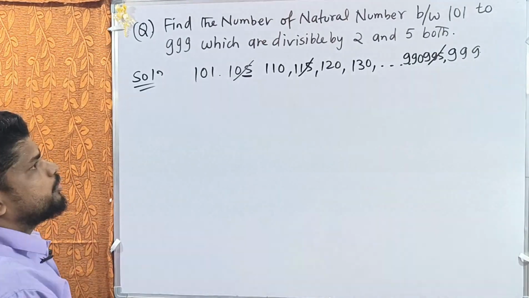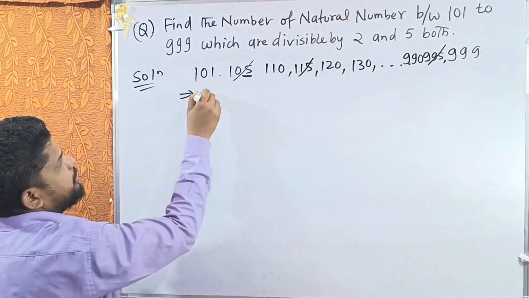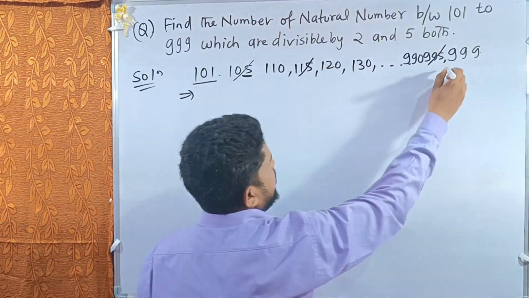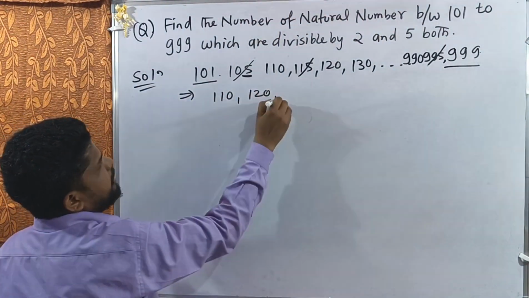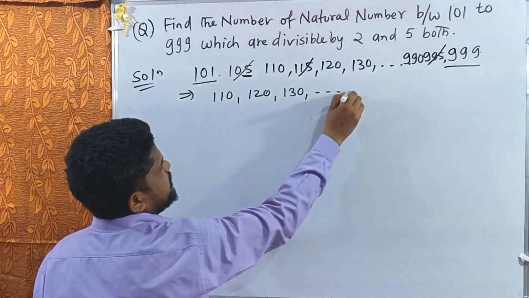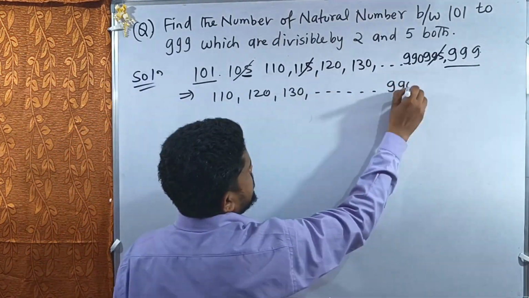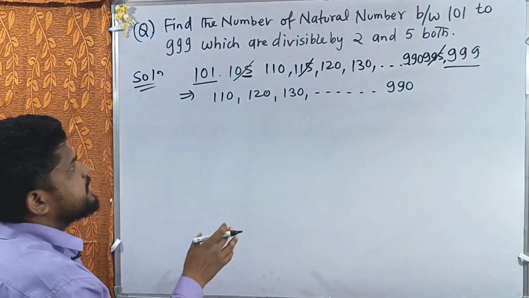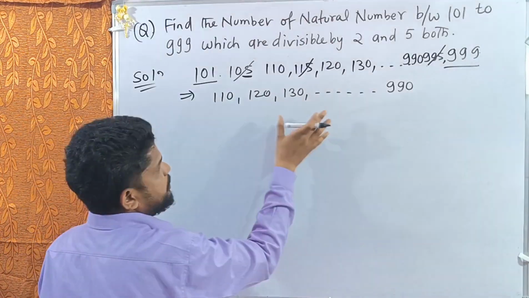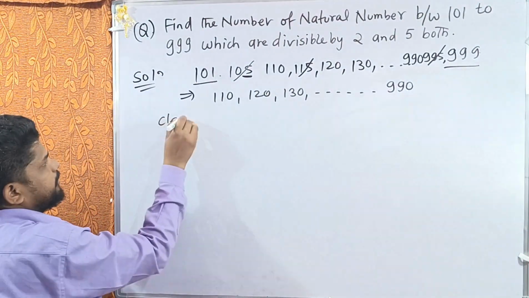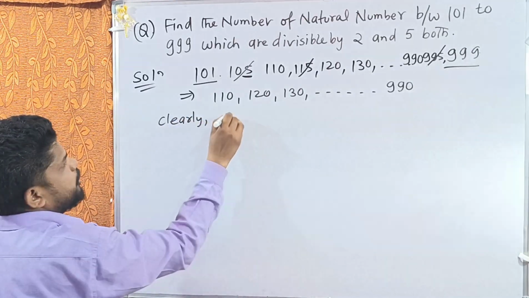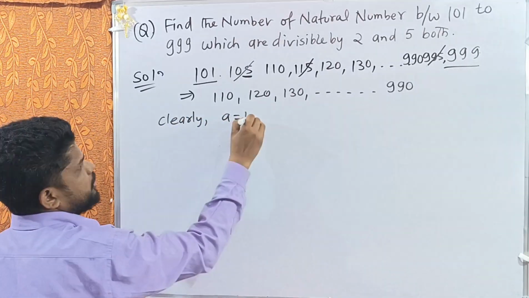So the numbers which lie between 101 and 999 are 110, 120, 130, up to 990. This is the required sequence of AP that we should have. Here clearly we can say that the value of a, the first term, is 110.